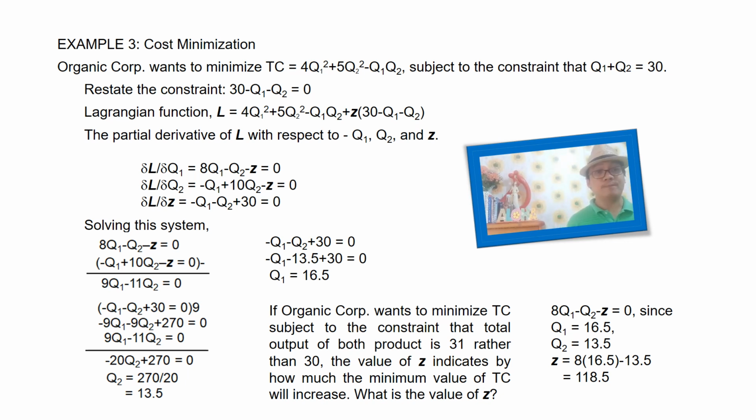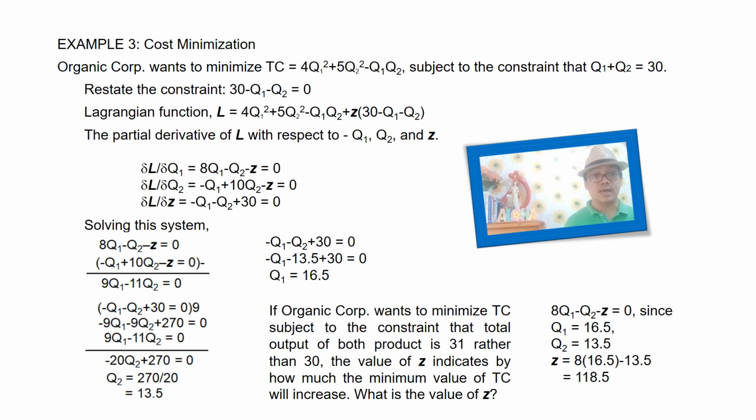As for the partial derivative with respect to z, it is equal to negative q1 minus q2 plus 30 equals 0. Solving the system of equations for q1 and q2, we get the optimal values.